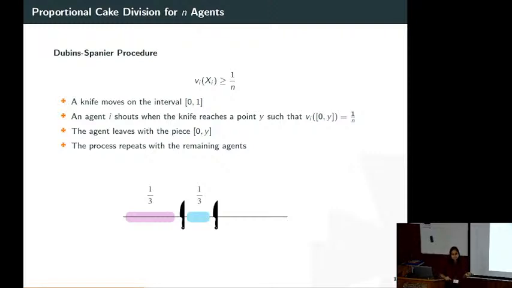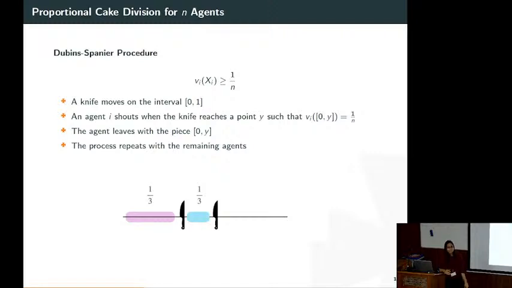Yeah. But the thing is, when an agent is shouting, he is getting his 1 over nth. Yes. So why would he envy? Because he has his bare minimum. He has, so envy does not rely on having bare minimum. I could have anything. I could have 0. But if everyone also has 0, then I'm also envy free. Right?